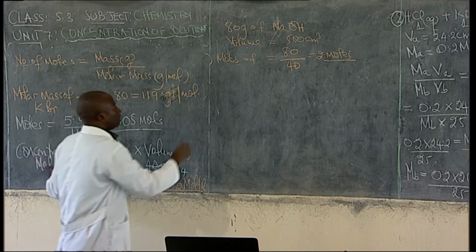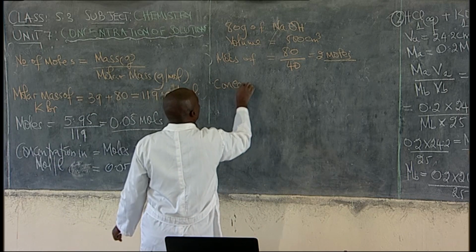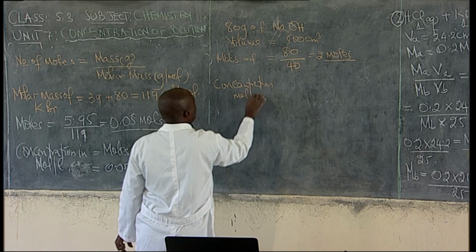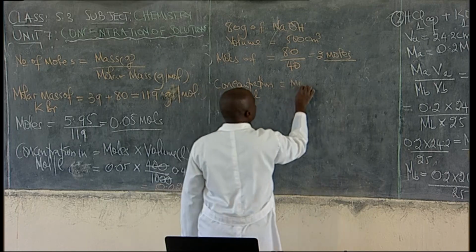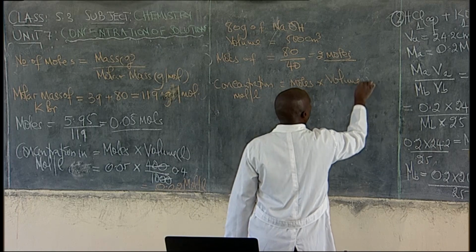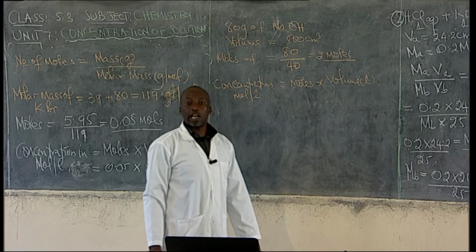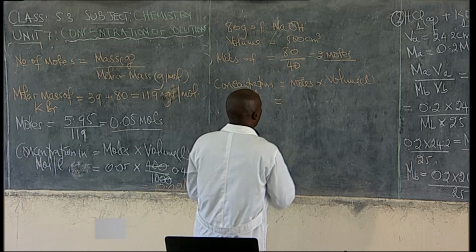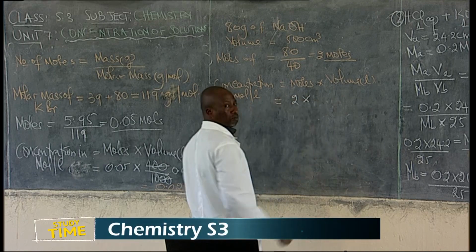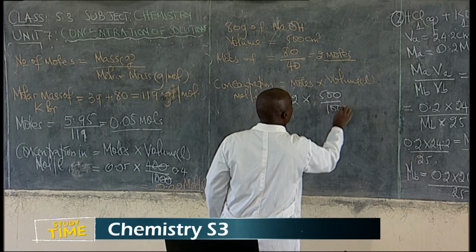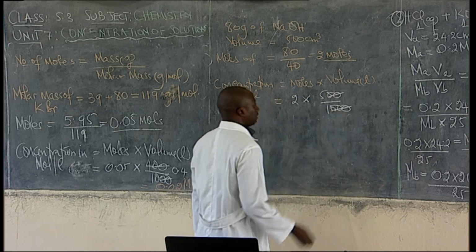So after getting the number of moles, what do we do? We know that concentration in moles per liter is equal to the moles over the volume. And the volume, remember we said it has to be in liters. So this is 2 over the volume, which is 500 over 1,000. You remember that?